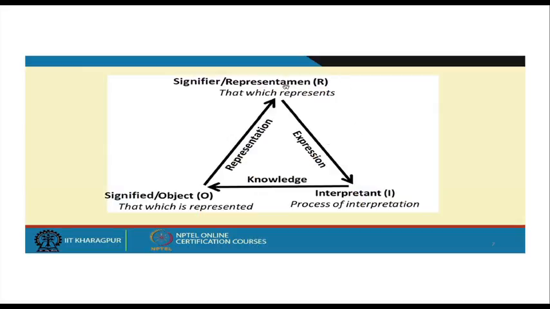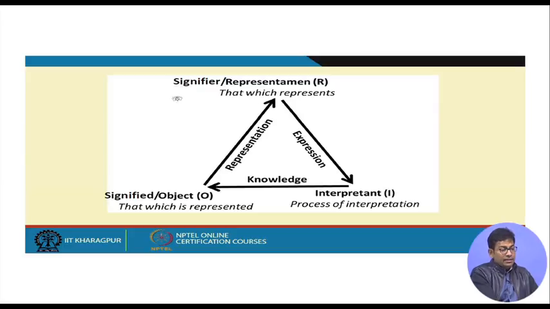So, putting all of them together, how it works is this way. You have a signified or the object itself, that which is represented, and this object takes a representation and thus is represented by a signifier. That which represents is the signifier, or many times referred to as representamen, but we will refrain from using this word and say signifier.